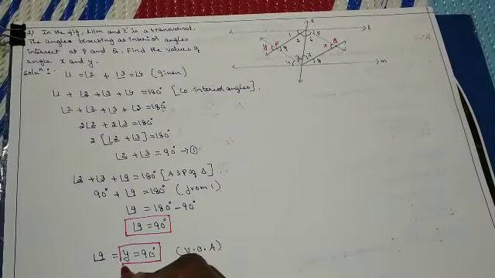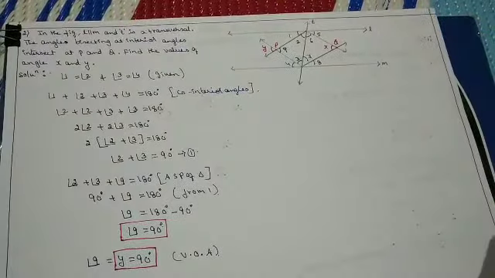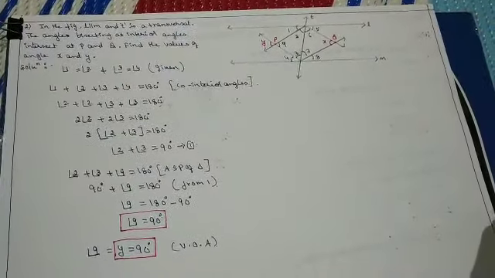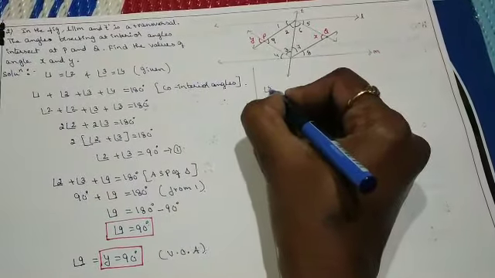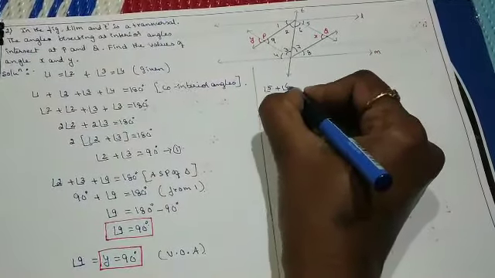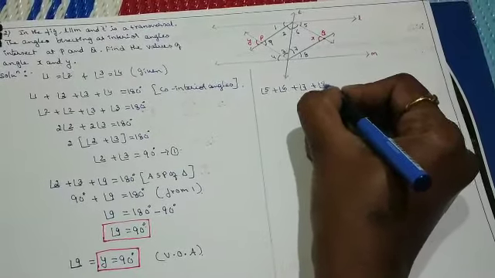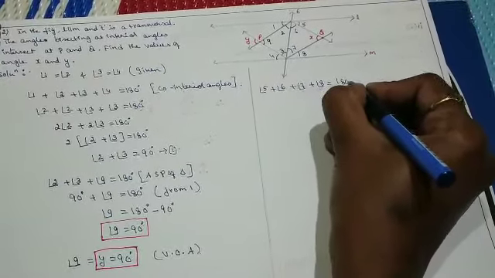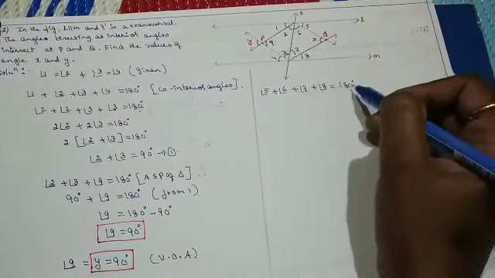Now we need to find the x value, with the same process applied towards the right side of the transversal. Now angle 5 plus angle 6 plus angle 7 plus angle 8 equal to 180 degree. Sum of two co-interior angles are supplementary.